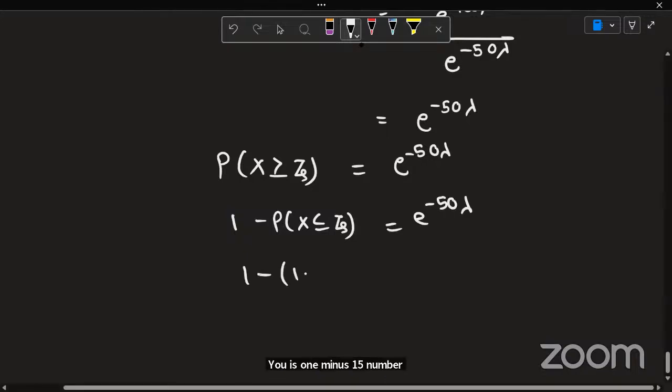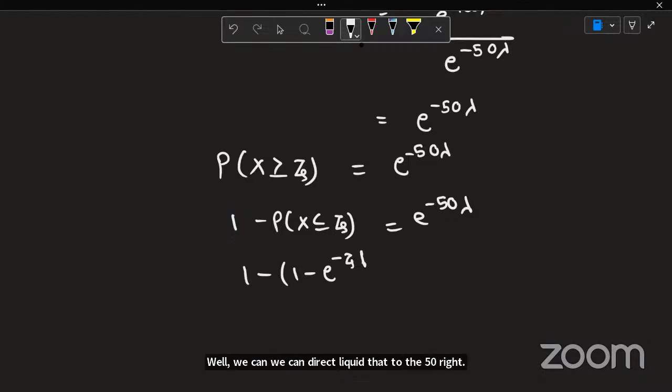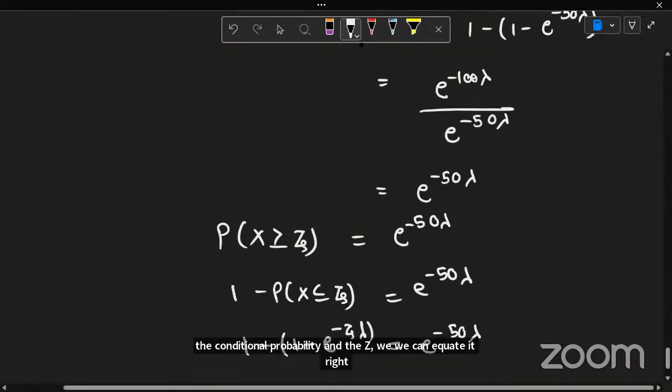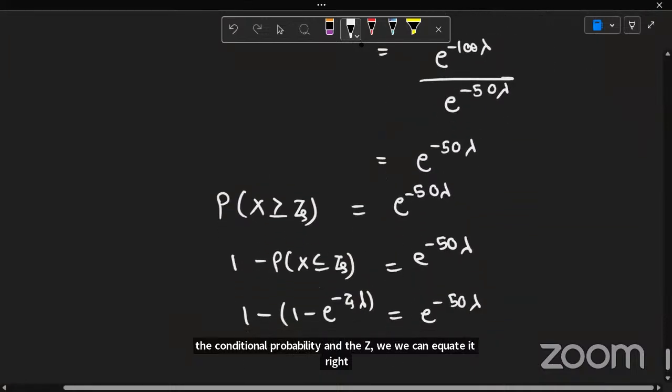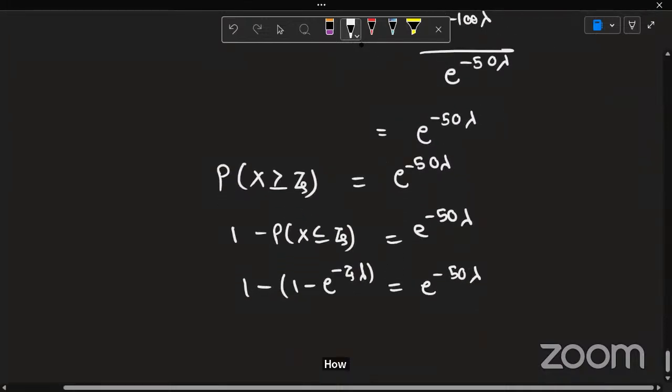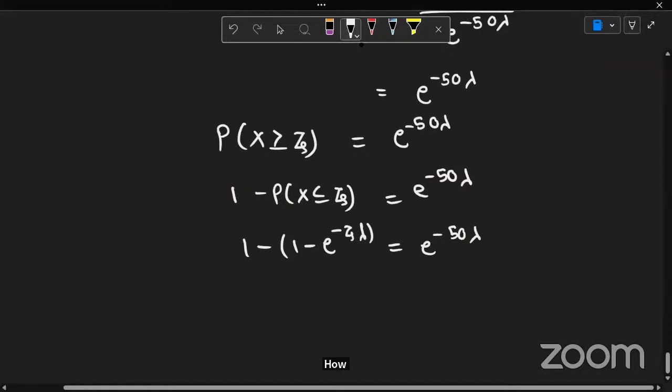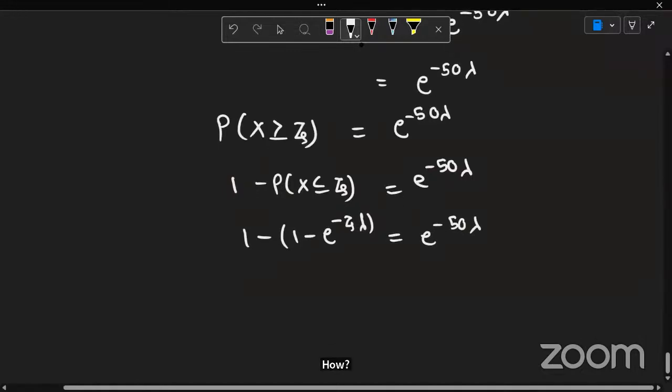Ma'am, we can directly equate z to 50, right? Seeing the denominator of the conditional probability and the z, we can equate it. As we see the numerator there, e to the power minus 50 lambda, and as we calculated it equals e to the power minus 50 lambda, then we can directly equate it.